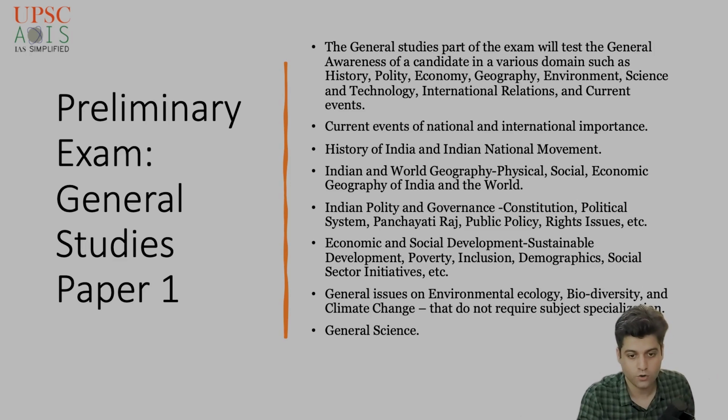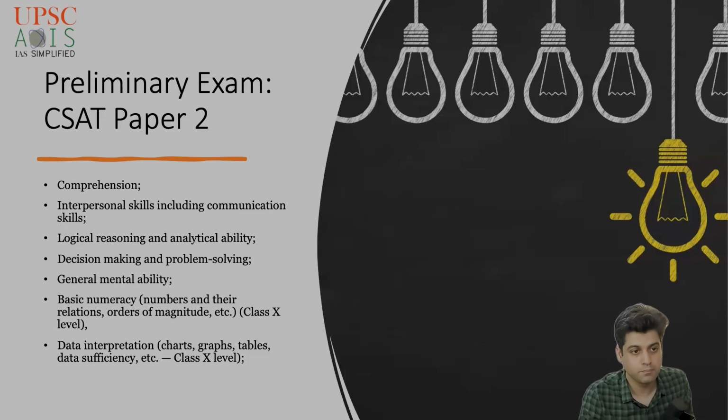Next we will go into the preliminary exam CSAT Paper 2, which is qualifying in nature. It constitutes comprehension, where a bulk of questions are asked; interpersonal skills, including communication skills; logical reasoning and analytical ability; decision-making and problem-solving; general mental ability; basic numeracy, which includes numbers and their relations, orders of magnitude, etc., at class 10 level; and data interpretation.